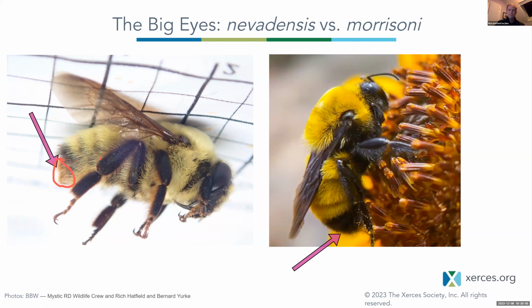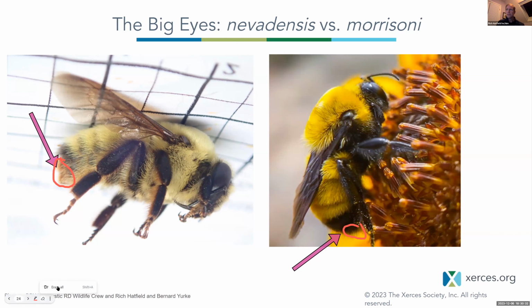That's not a light aberration or anything. Those are actually red hairs on the tail, on T7, of Bombus Nevadensis. And Bombus Morrisoni lacks those red hairs, so we don't have any red hairs over here on the right. So that's an area you can really look at to try to distinguish these two species from each other.